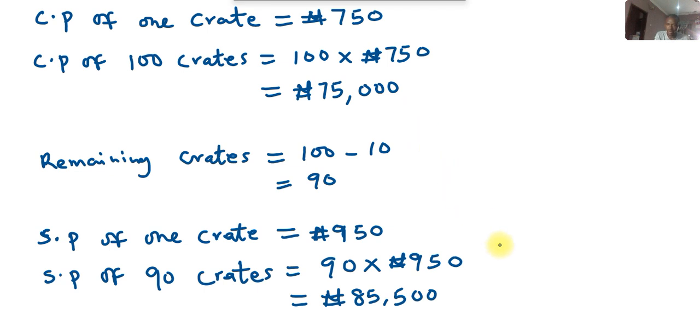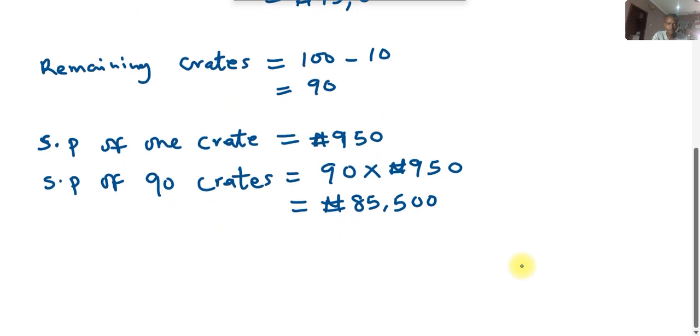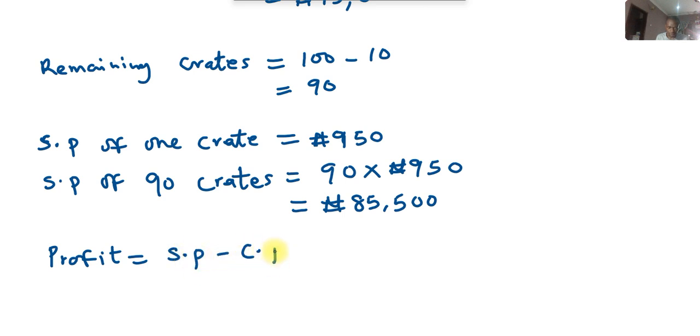So here we are talking about profit and not loss. So we will remove 75,000 from 85,500, and this profit, according to the formula, is selling price minus cost price.